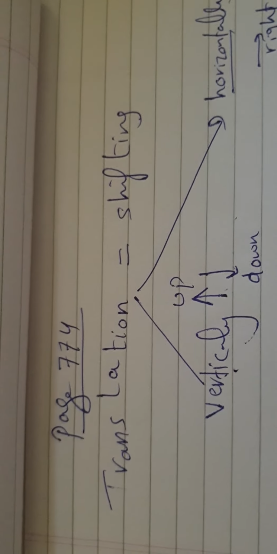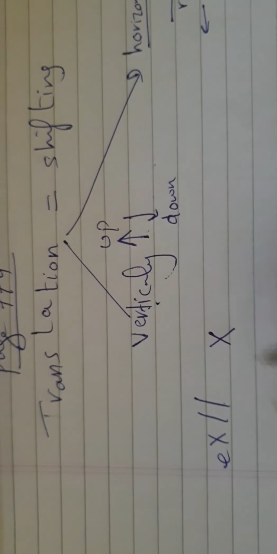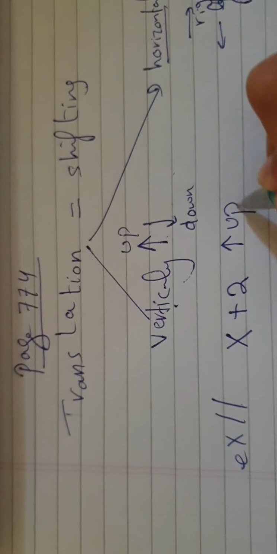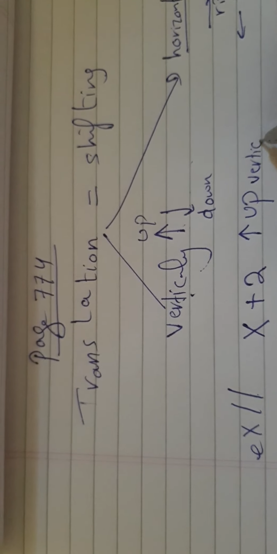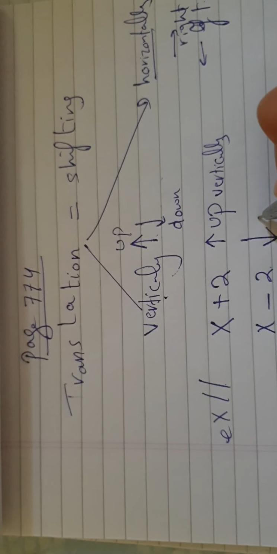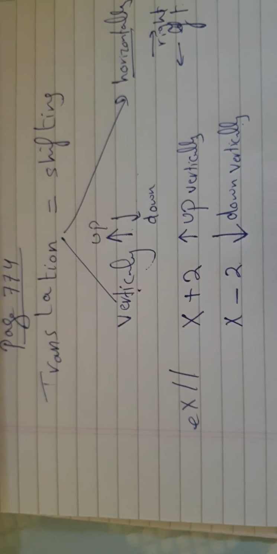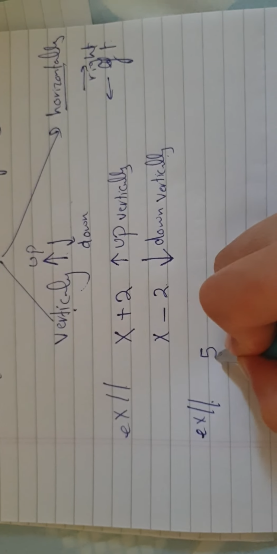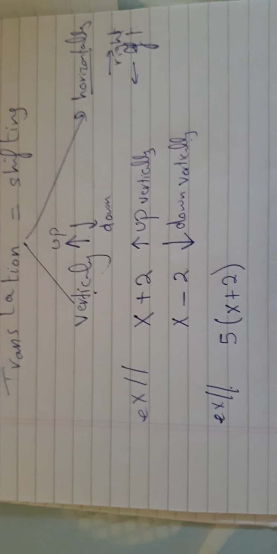For the vertical, up and down, let's take an example. For example, I have this function, I have x. When I tell you x plus 2, this is translated up vertically. And x minus 2, this is translation down, which means it's vertical. What if I tell you another example, 5 times (x plus 2)?